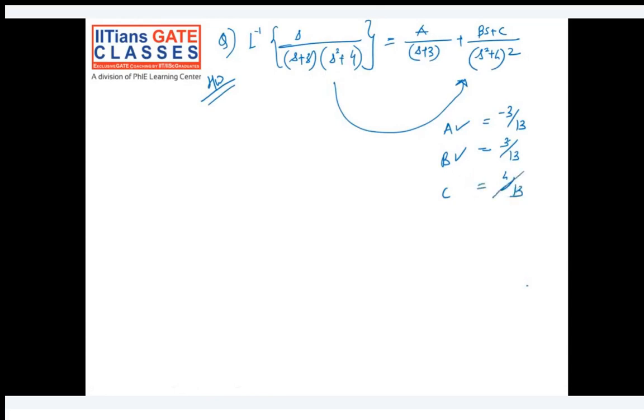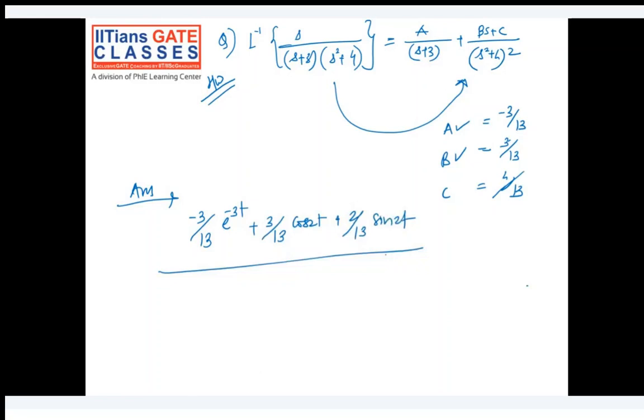And so the final answer for this is minus 3 by 13 e to the power minus 3t plus 3 by 13 cos of 2t plus 2 by 13 sine of 2t. Okay, this is the final answer for this question.